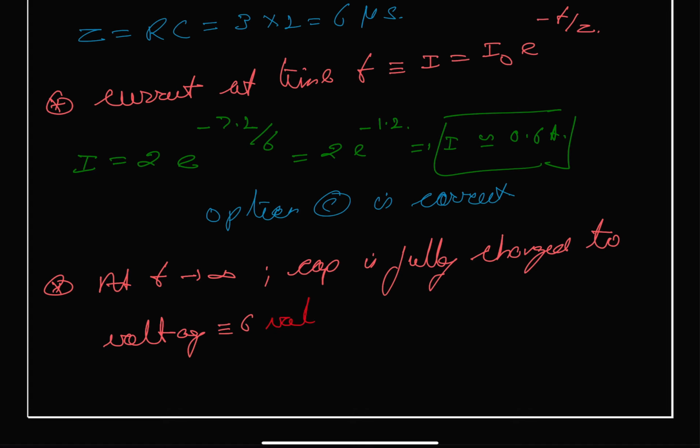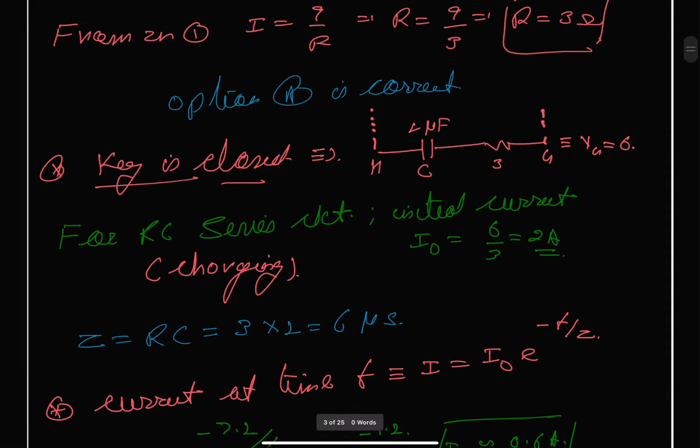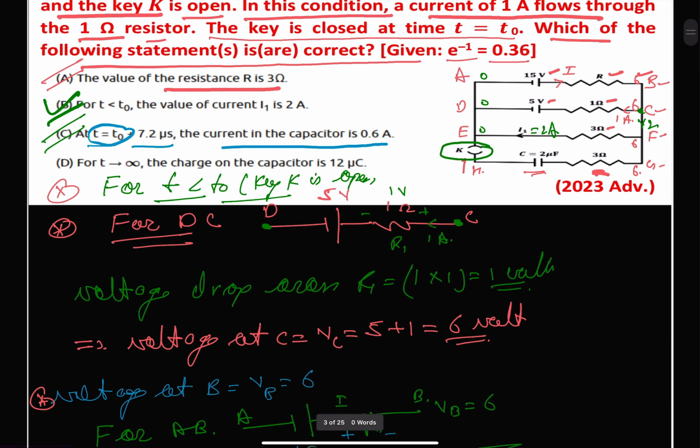So we can easily find out the charge. So Q is equal to C times V. C is about 2, and this comes as 12 microcoulomb. So therefore option D is also correct.